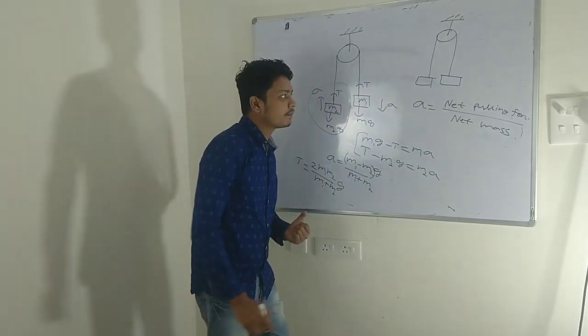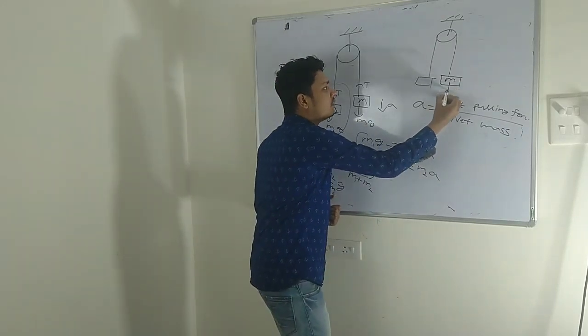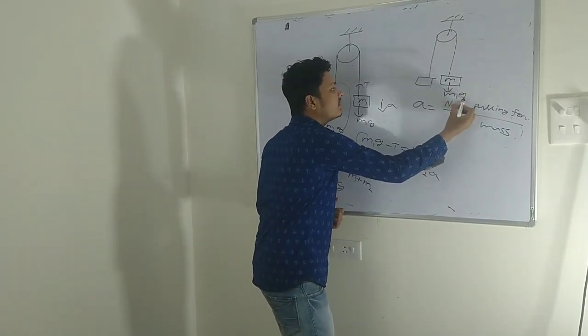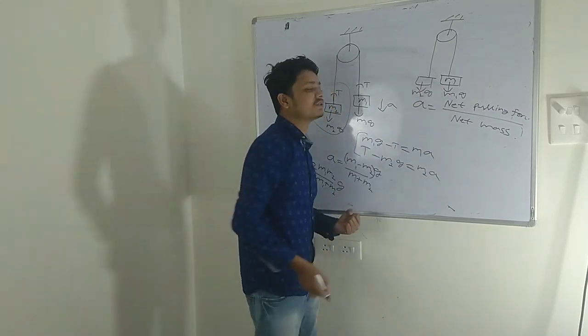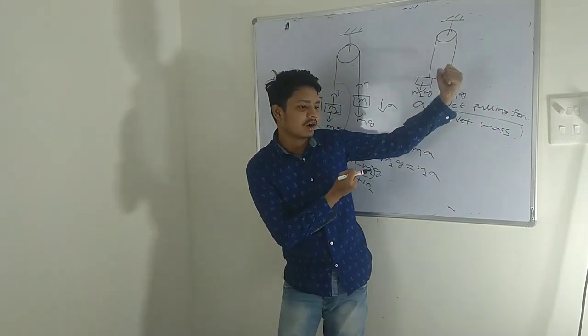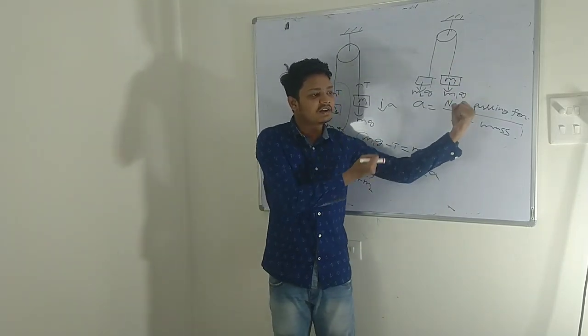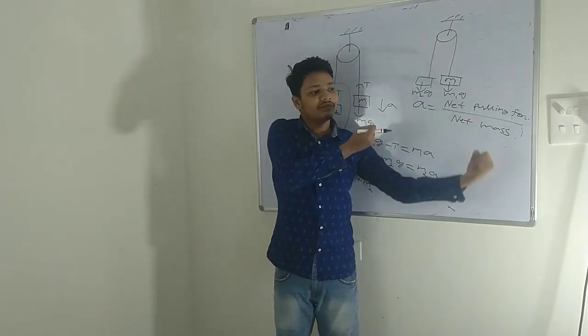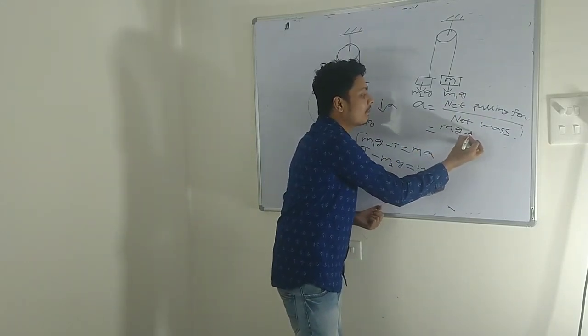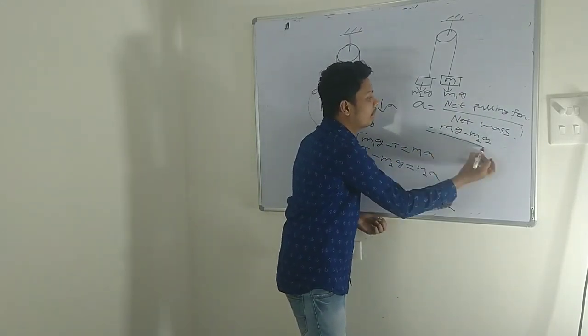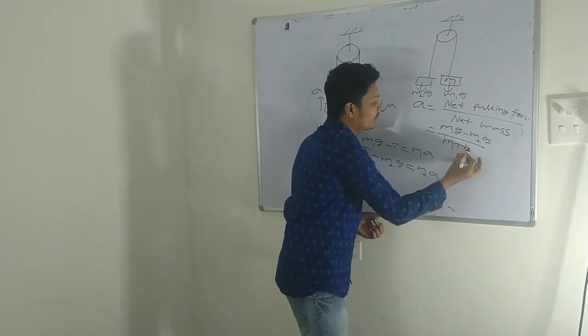So here the pulling force is M1G, and on this side the pulling force is M2G. One is pulling and the other one is M2G. So the net pulling force becomes (M1G minus M2G) by (M1 plus M2).